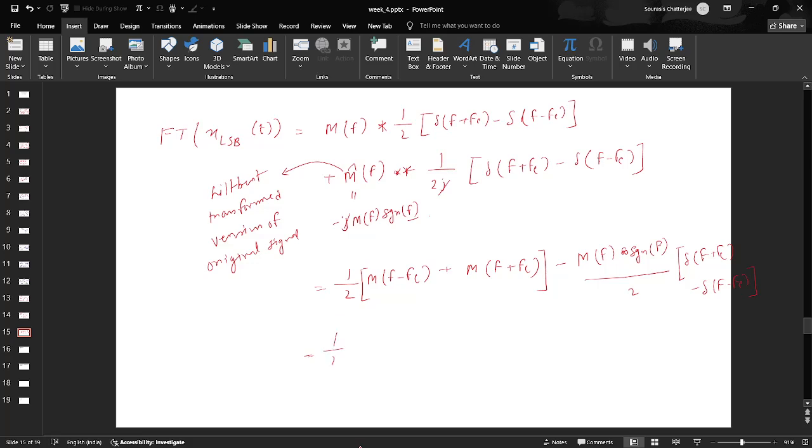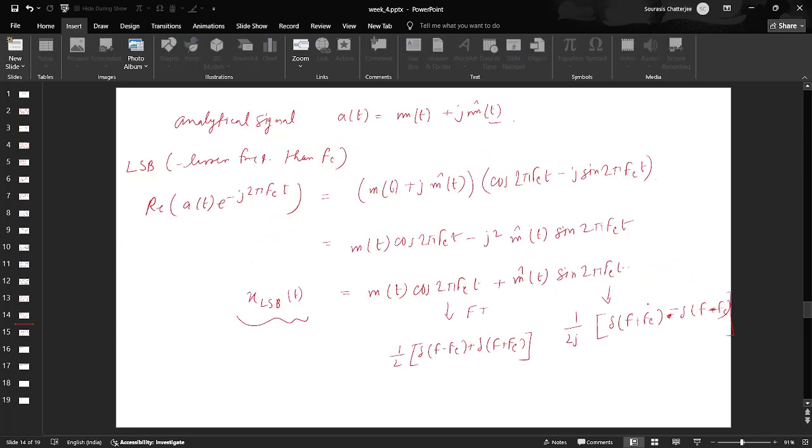So if I take M(f−fc) common, I will have 1 from here, and from here, sorry, this one should be f minus and this one should be f plus, sorry about this.